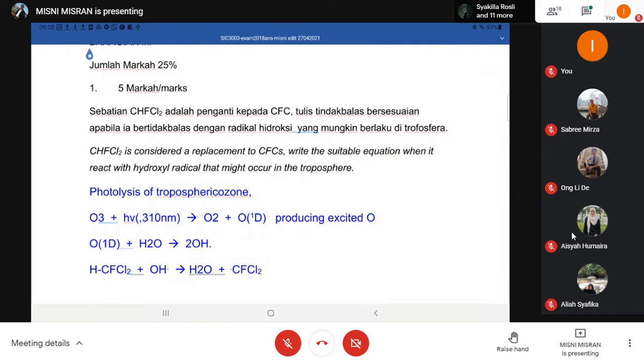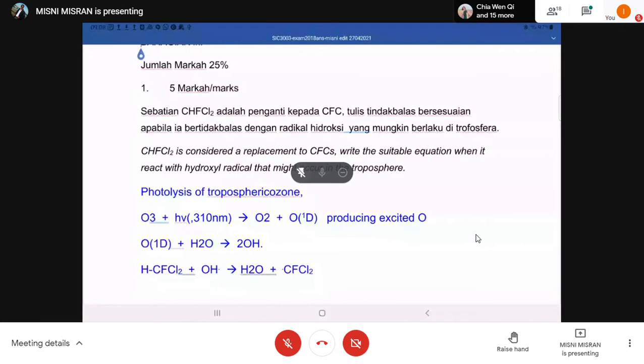This is a chlorofluorocarbon. It is considered for CFCs.